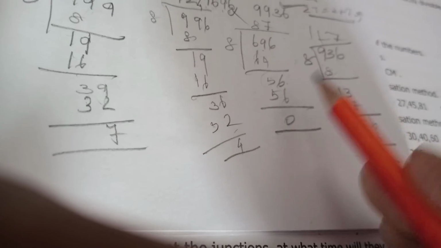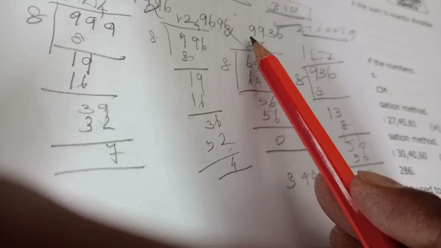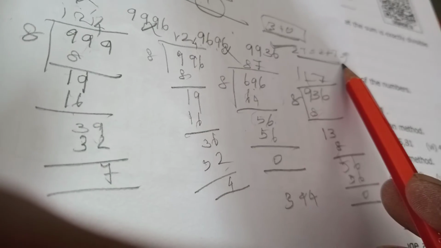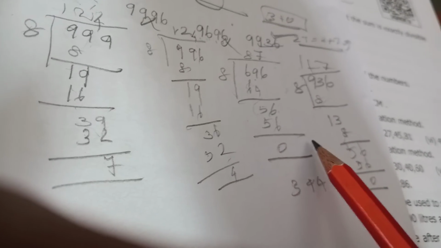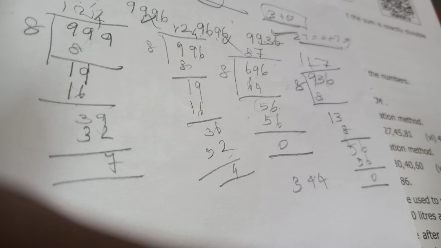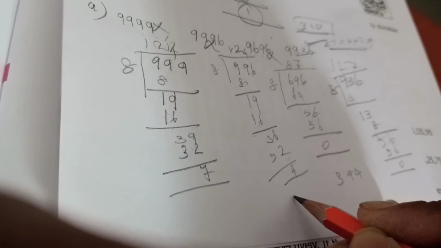12 means it will be divisible by 3 and 4. So we can check 3 also. Here we are getting 9. 9 means multiple of 3. So this will be divided by 3. Now fourth table how we can find out is last 2 digits number, whether it is divisible by 4. Last 2 digits number means 36.